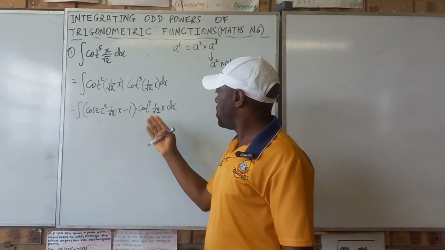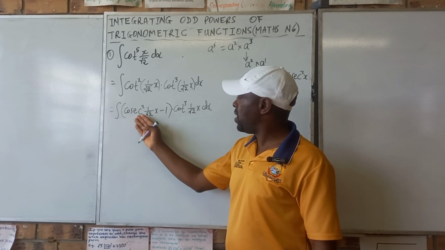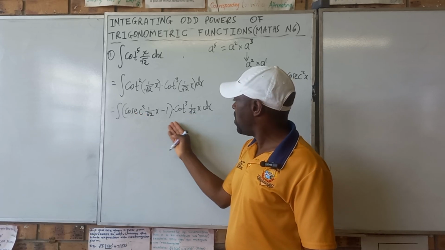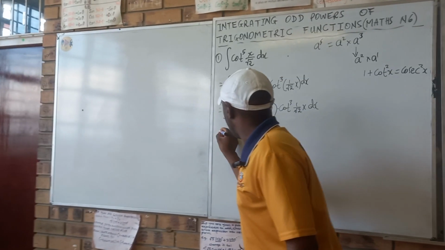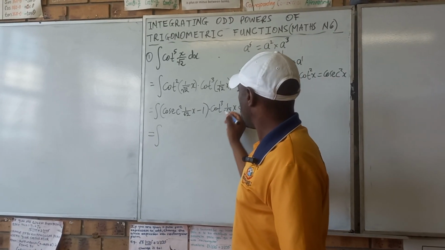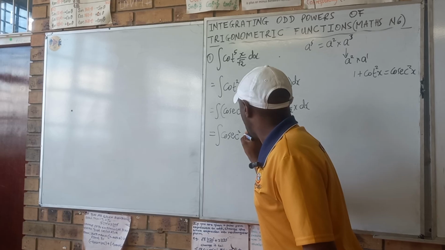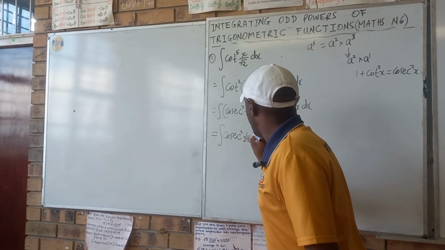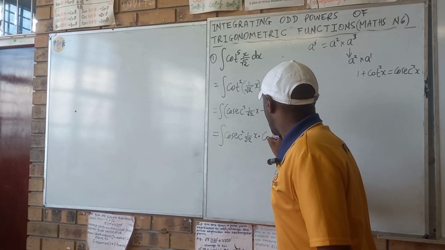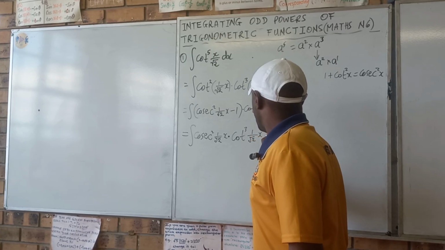After applying that, from here, open the bracket to create two different integrals. This one multiplying there and multiplying there. So we'll open the bracket, we'll get cot cubed going there. So I'll get the integral of cosec squared (1 over root 2)x multiplied by cot cubed (1 over root 2)x dx.